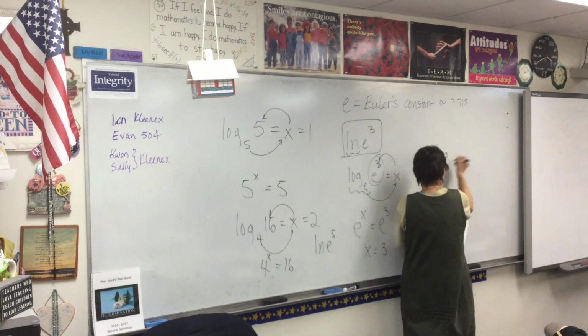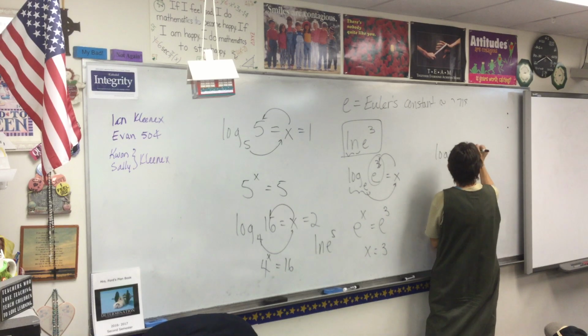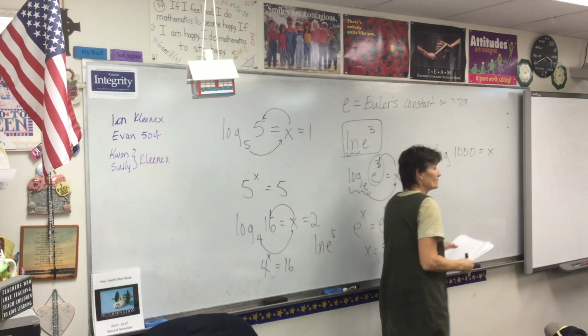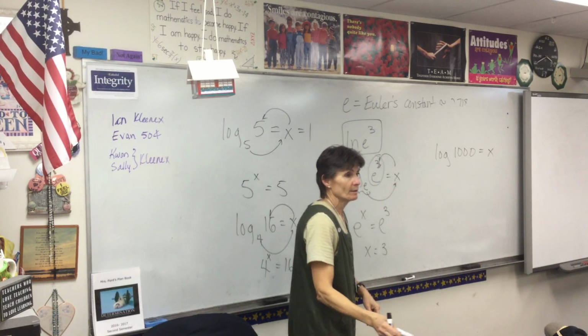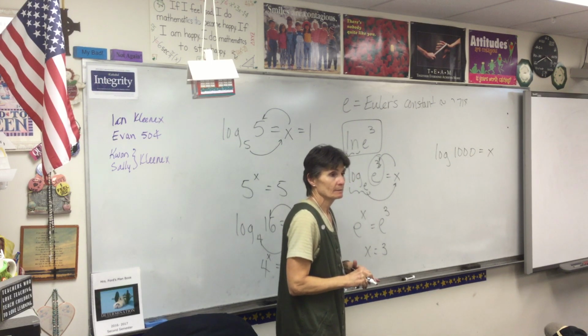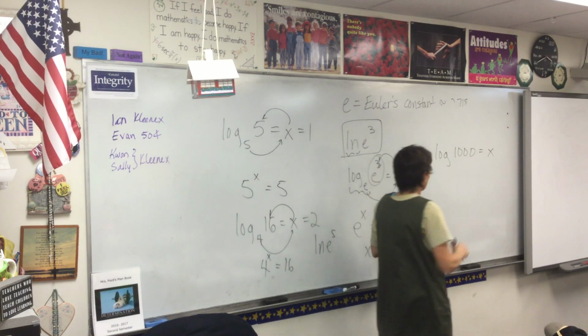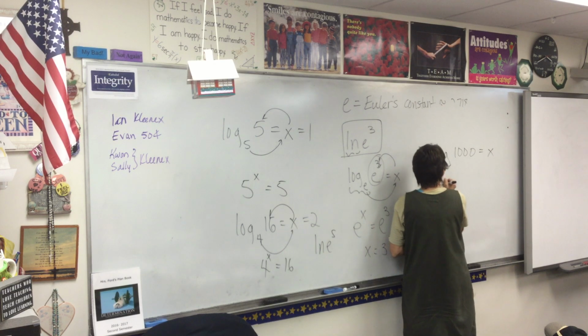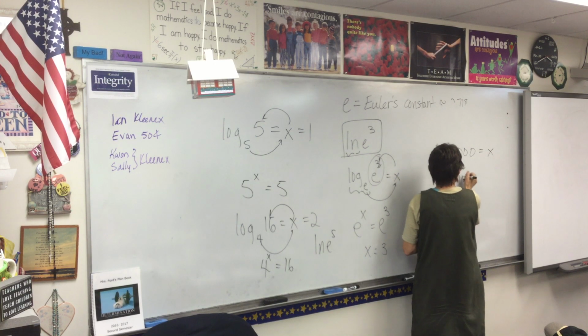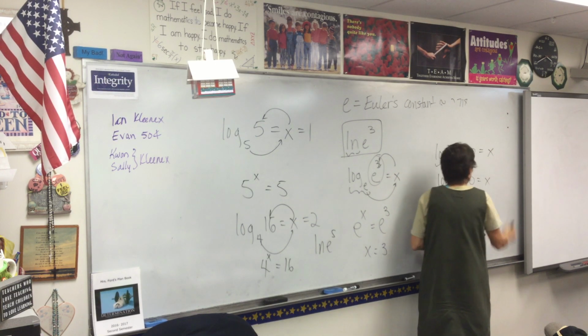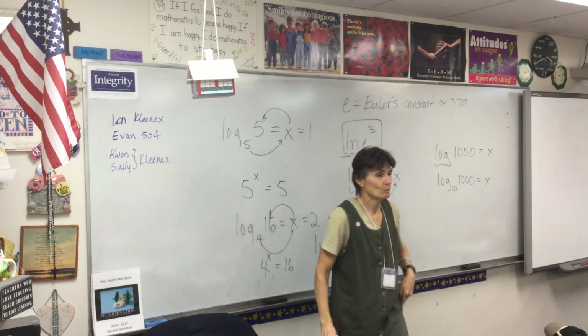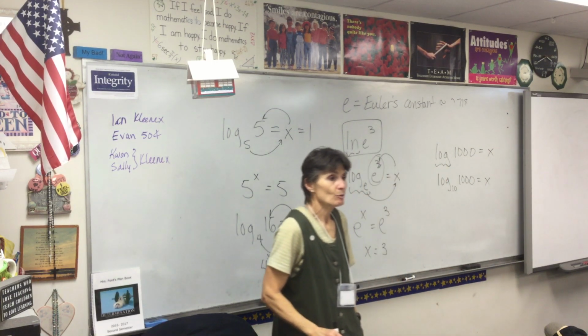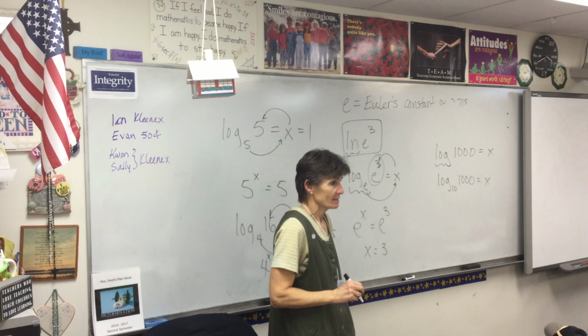The log of 1,000. Well, this is another tricky one. A log of 1,000. What's missing? The base. Log automatically means base 10. On your calculator, you have a log button. Log means base 10.